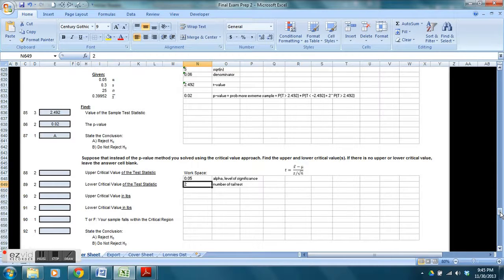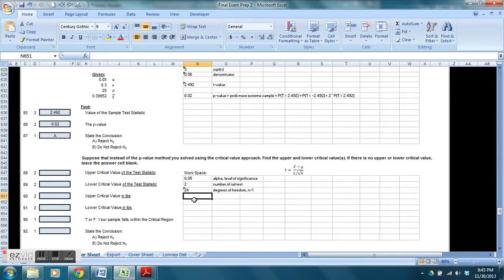That's what we also have to be concerned with when determining our critical value. And the last thing we have to be concerned with, since this follows a t distribution, is the degrees of freedom, which is equal to n minus 1, in this case 24.